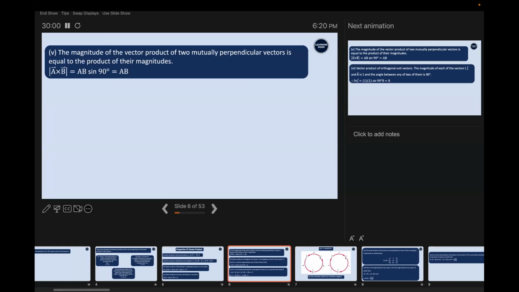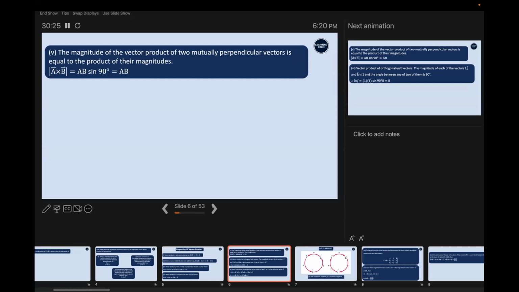Now, what about the vectors being perpendicular? Suppose you have two vectors which are mutually perpendicular, and you want to find the magnitude of the cross product. You're not finding the cross product, you're finding the magnitude of the cross product of those two vectors. What are you going to get? It is equal to the product of their magnitudes itself.